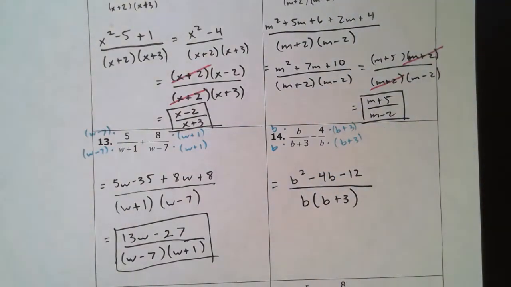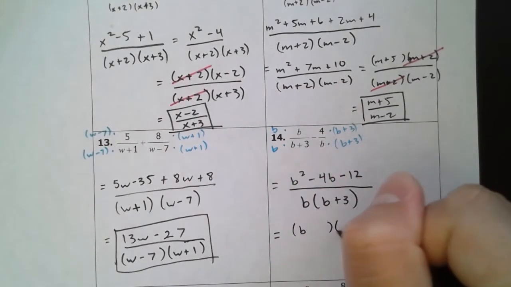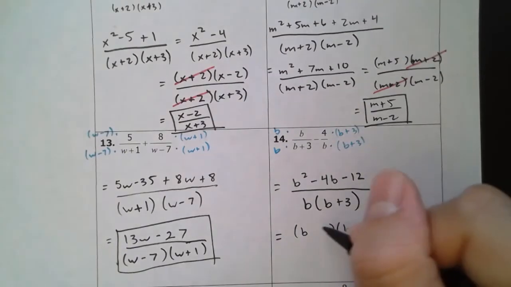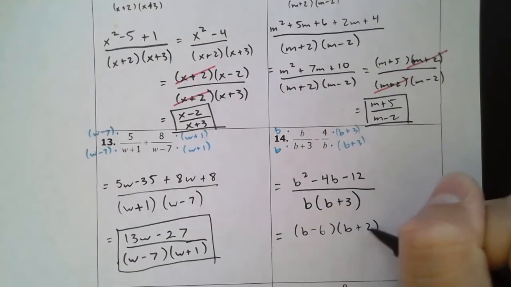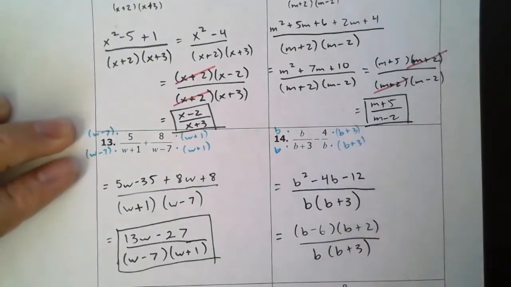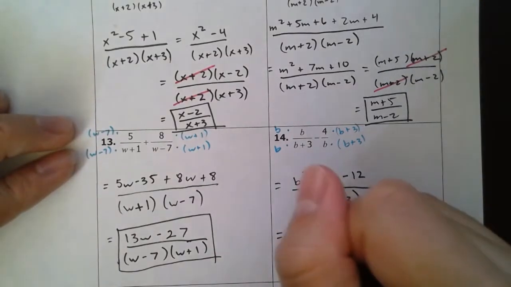Okay, the top you can factor that. B and b, negative 12 to negative 4, you're going to get negative 6 and positive 2 over b plus 3. Actually, yeah, that's it. There's nothing I can do from here, so I'm done.